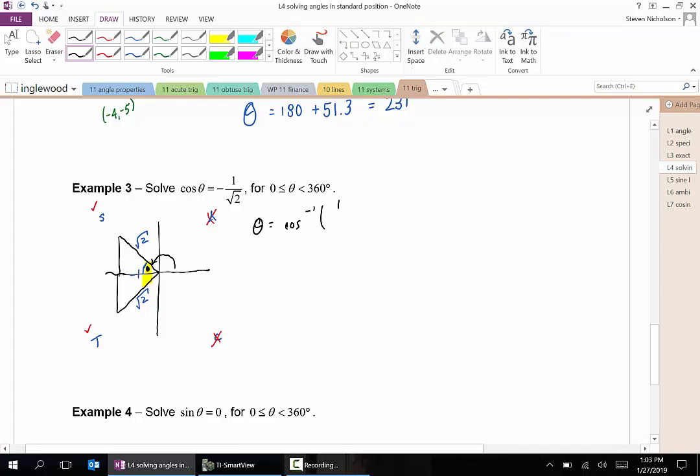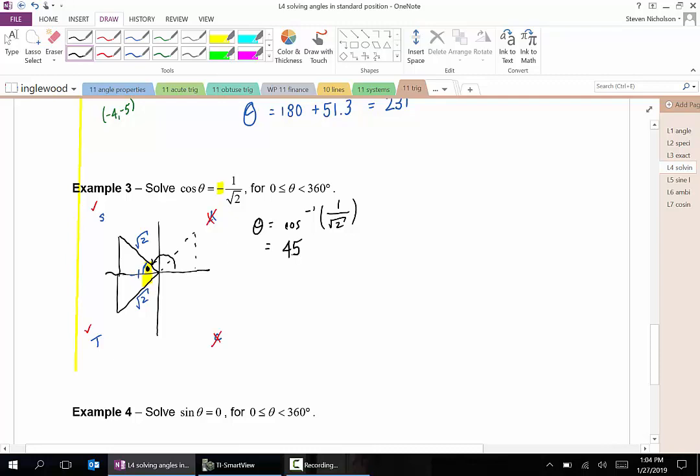I'm going to disregard this. I'm going to imagine that it's just going to tell me the answer to this. And when it does, the answer is always in the first quadrant, and then we're going to use this information to help us. So when we push that button, we get 45 degrees.